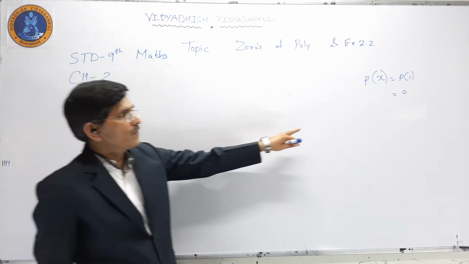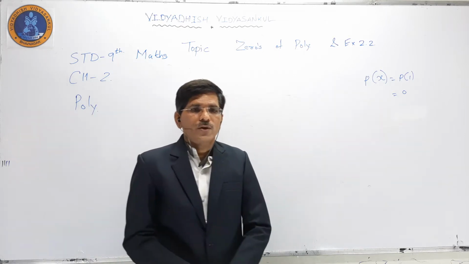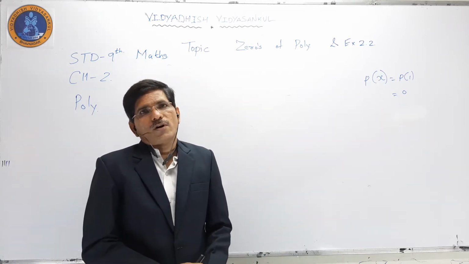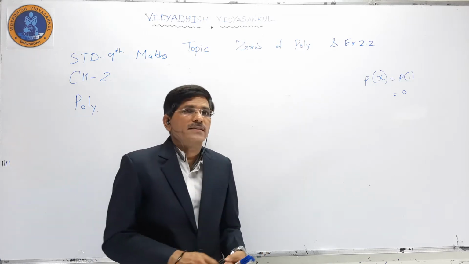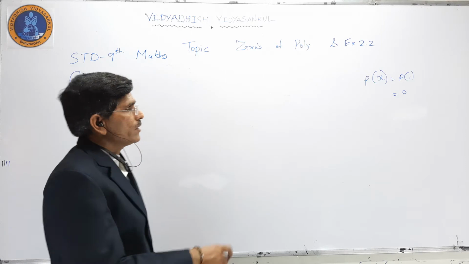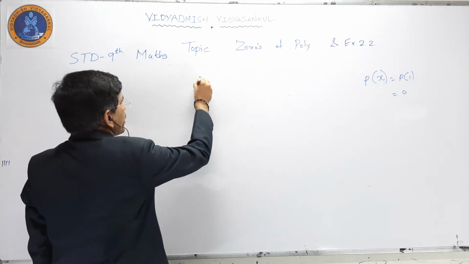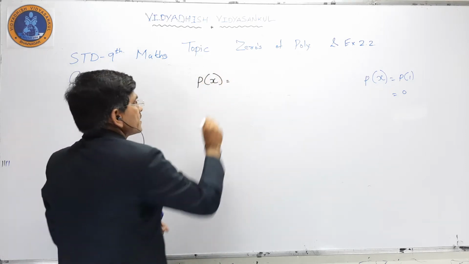Generally for a polynomial we use the symbol p, and x is a variable. So if I write one polynomial p of x, it can be linear, quadratic, or cubic.